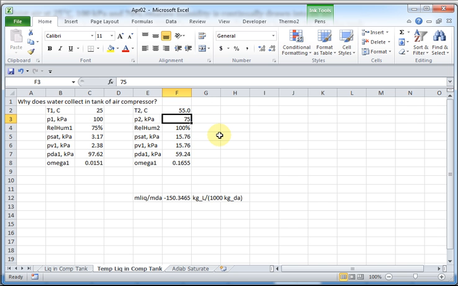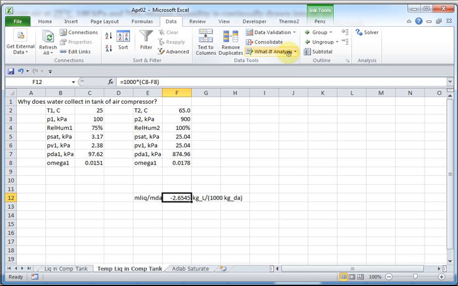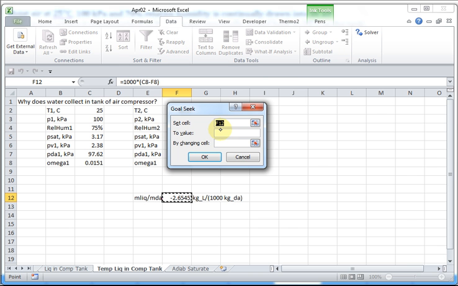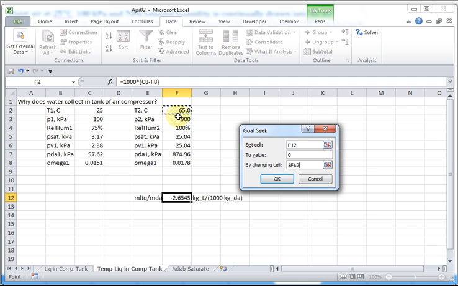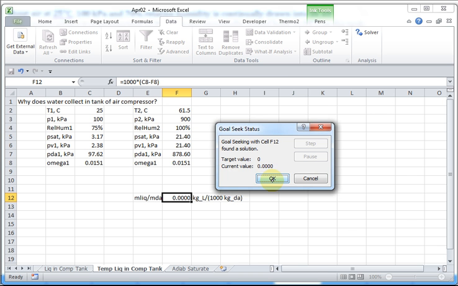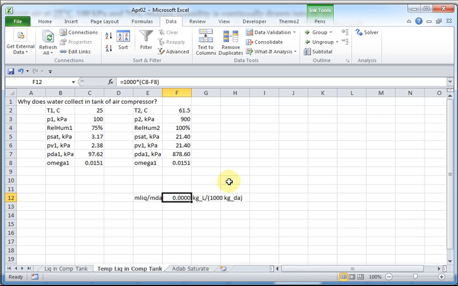Control Z. 75, okay, and so that is over. How about 65? What I'm doing is a root search by hand. Come up to Data, What if, Goal Seek. Set that cell equal to 0 by changing this cell. And it comes in at 61.5 degrees C.